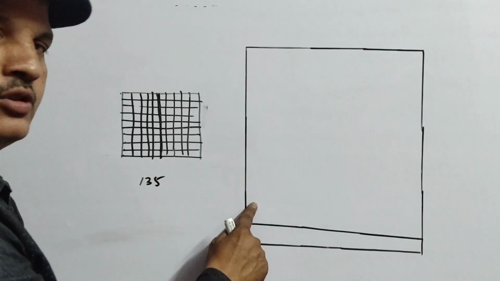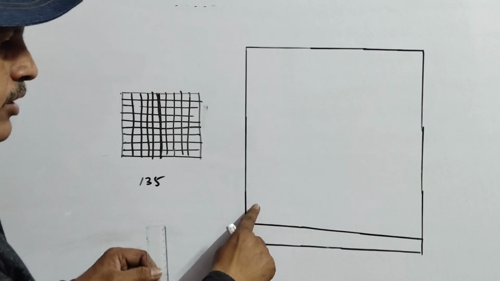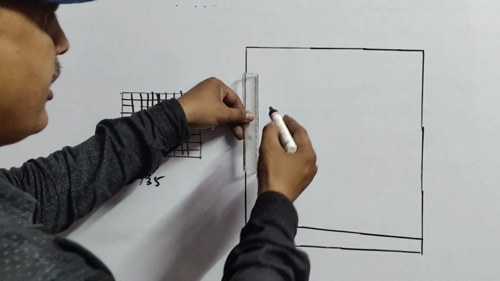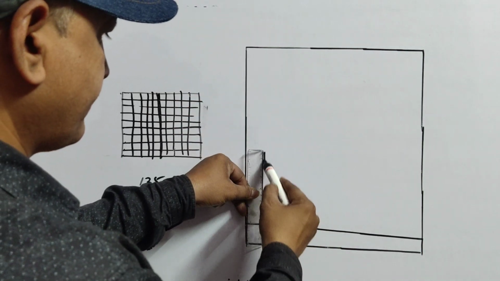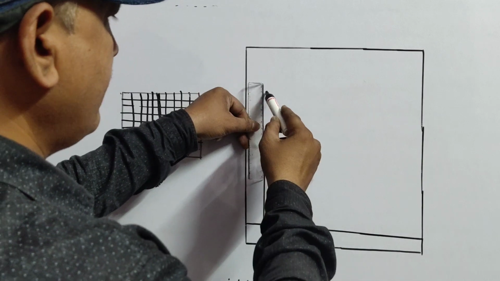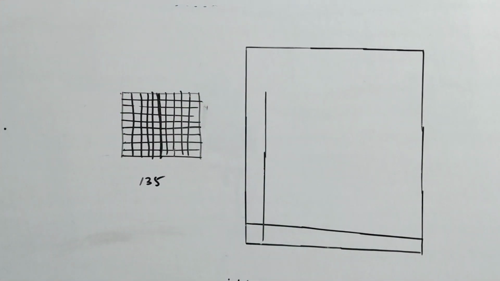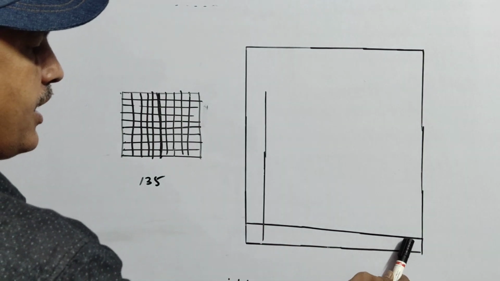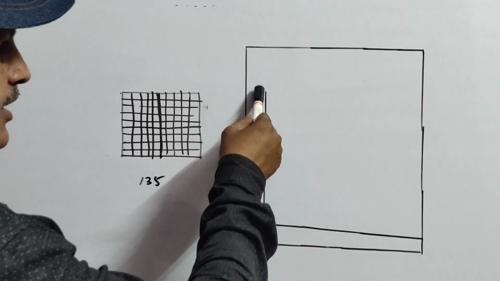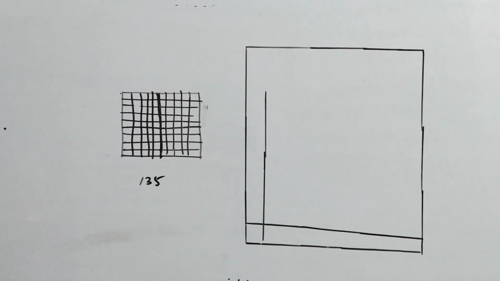Similarly, leave 1 block here also and draw the vertical line like this. Children, now you have understood clearly: the horizontal line is called the x-axis and the vertical line is called the y-axis.